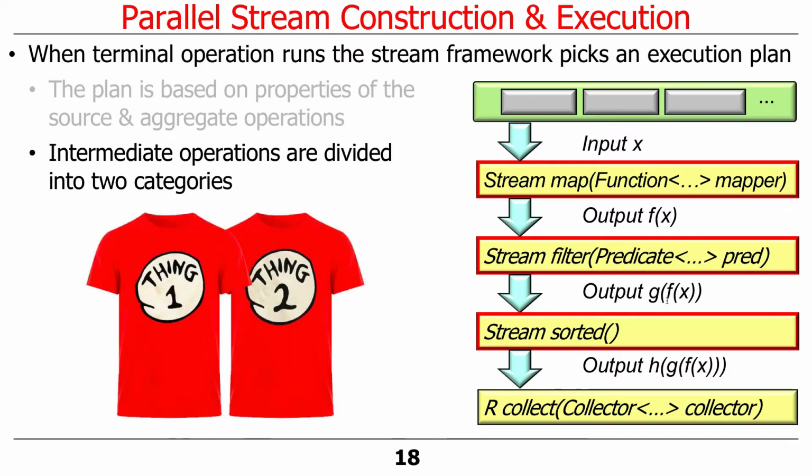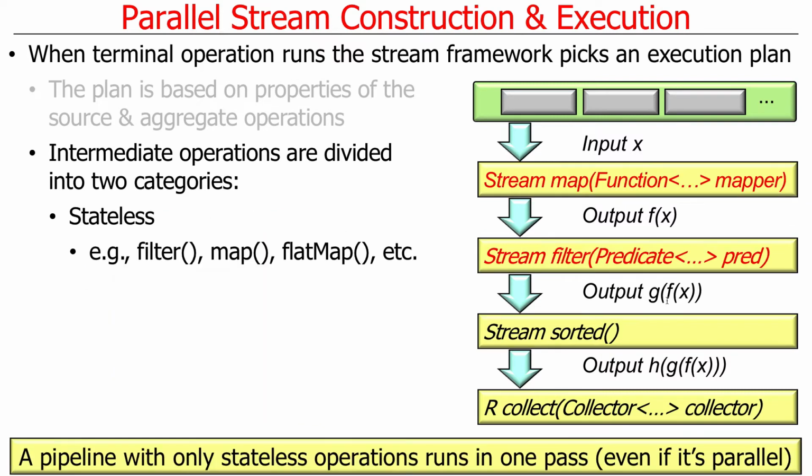Intermediate operations are divided up into two categories: stateless and stateful. Stateless intermediate operations include things like filter, map, flat map, and so on, where the stream doesn't really have to know anything about what came before in order to figure out what to do next.